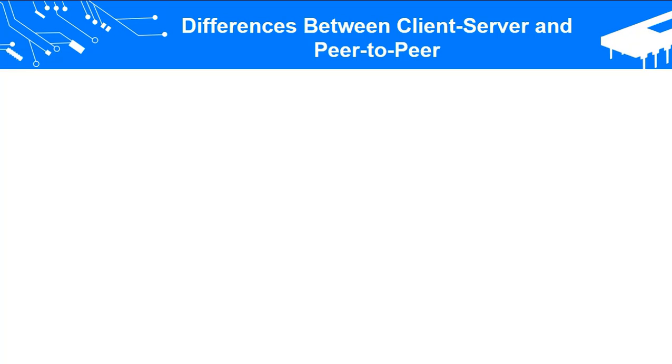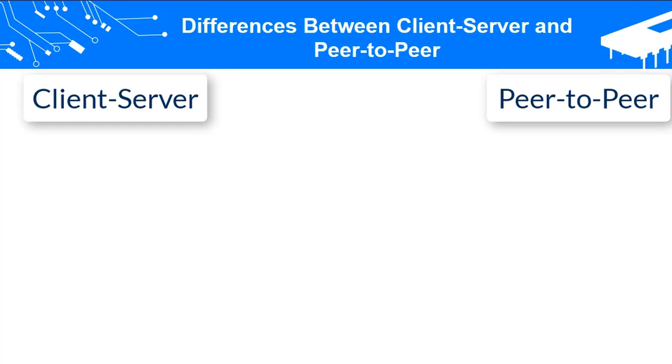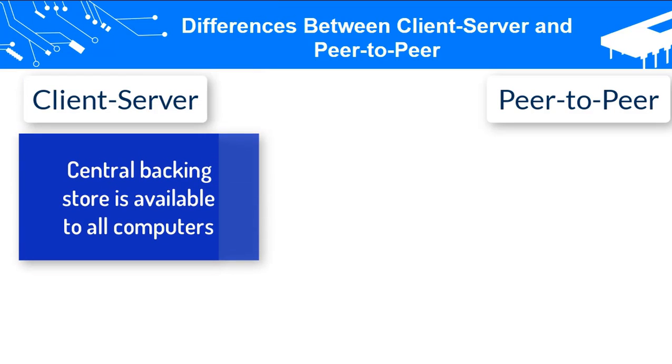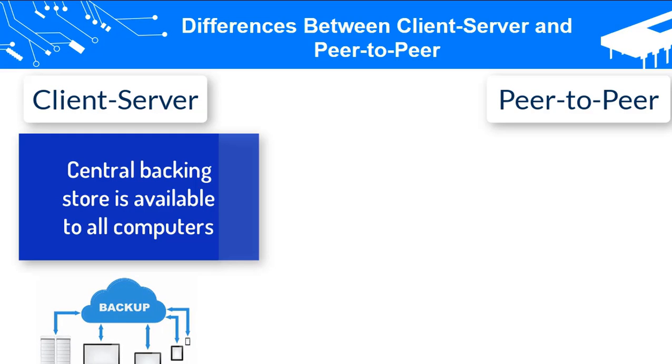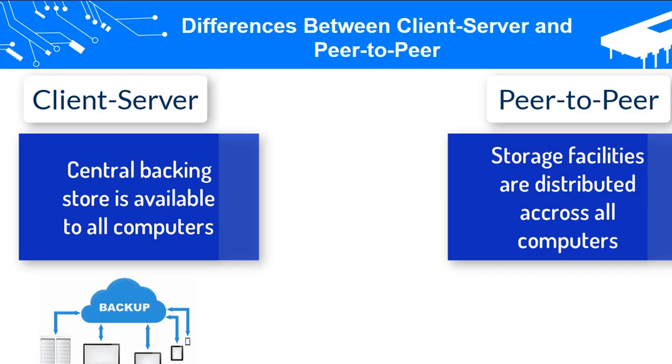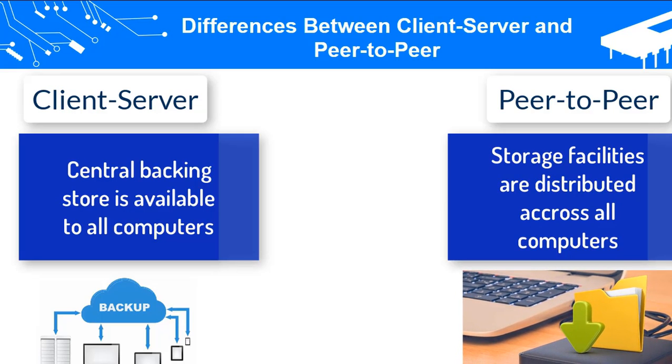So, the differences between client-server and peer-to-peer are that client-server has a central backing store available to all computers, while in peer-to-peer, storage facilities are distributed across all computers.